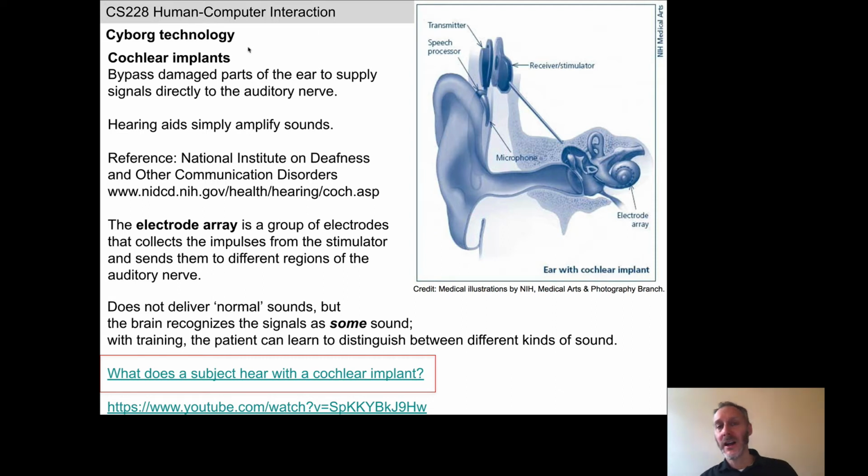One of the most interesting aspects of cybernetic technology and human-computer interaction is that you can supply a signal that is quite different from what the brain would normally expect, and over time, the brain adapts.